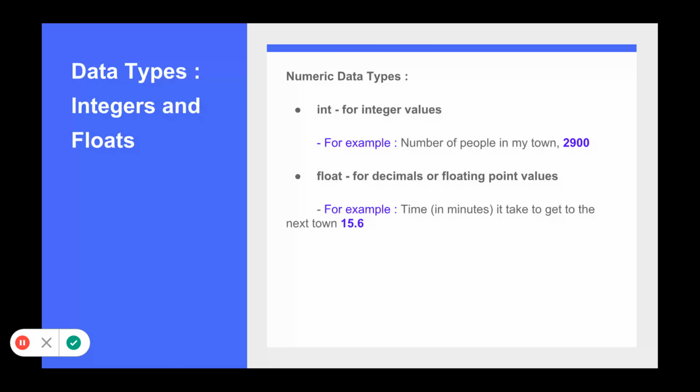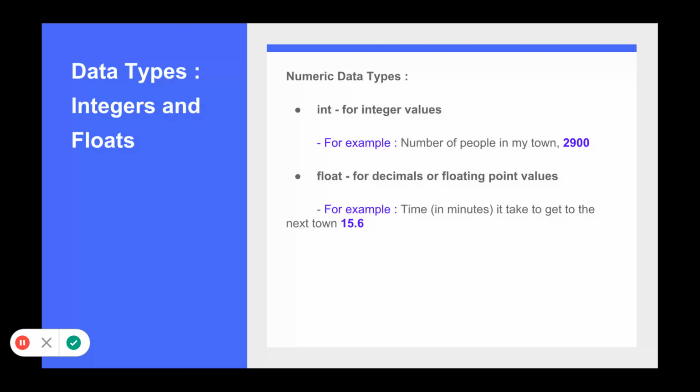Data types, integers and floats. Here we'll be discussing integers and floats. They're the two data types that are used in Python to represent numeric values.